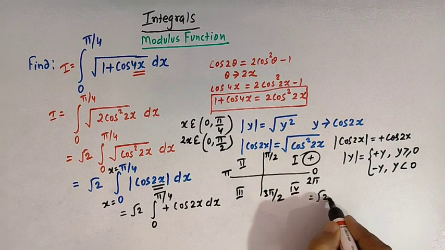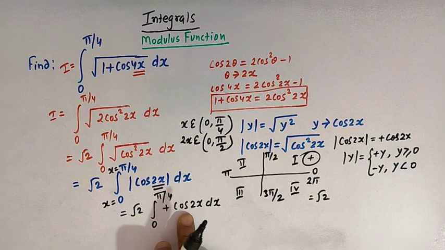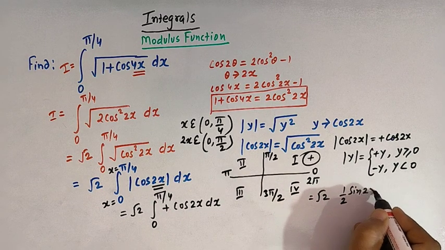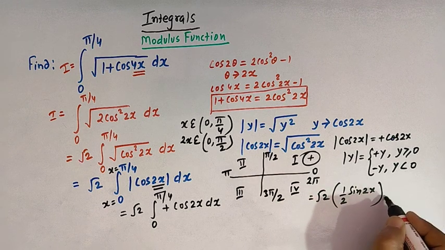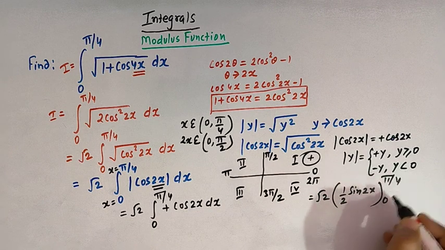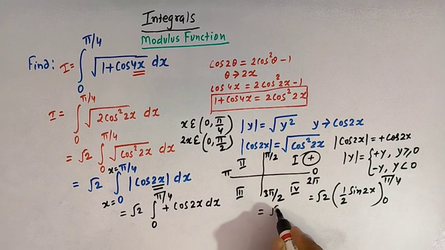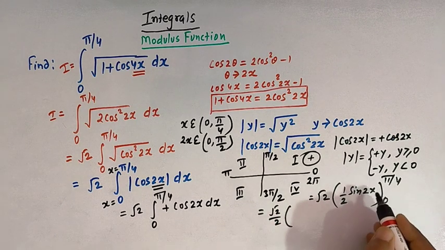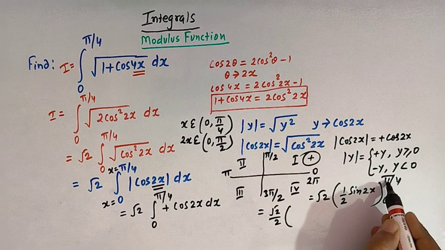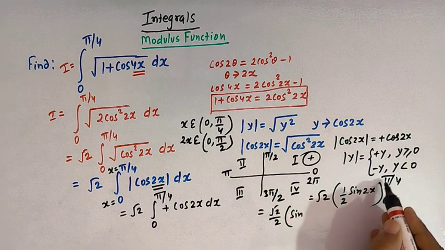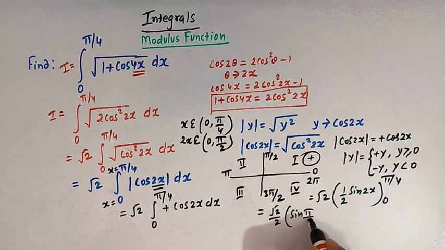Now this is a simple integral, and the integral of cosine 2x is half sine of 2x, with the limits from 0 to pi by 4. We can take this half outside, so we have root 2 over 2. When we take x is equal to pi by 4 here, we get sine of 2 pi by 4, that is pi by 2.